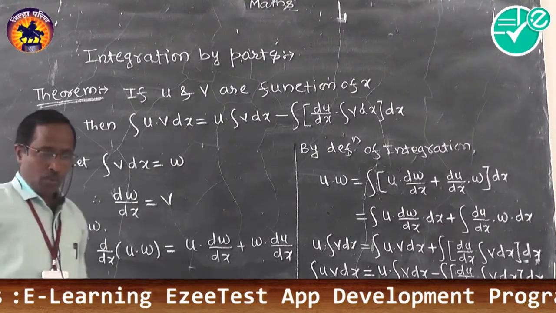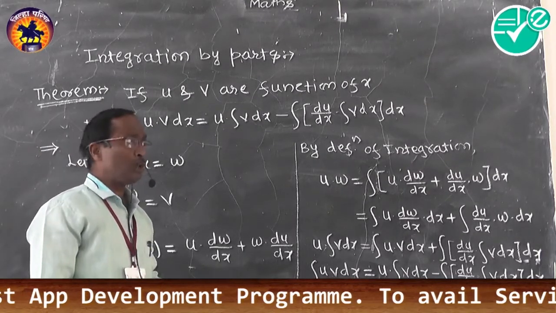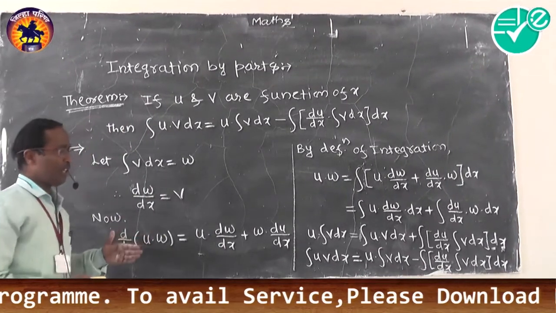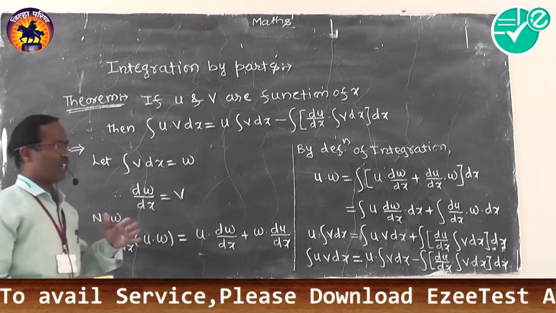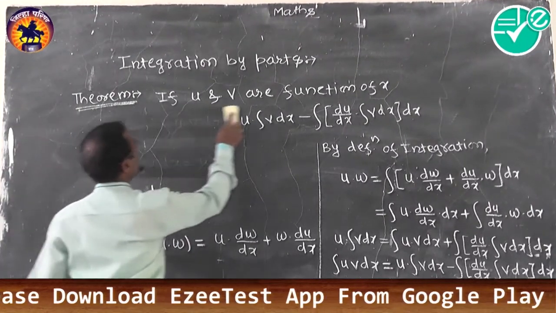Now we are going to choose the first function and the second function. We choose the first function and second function by using the serial order of the letters.